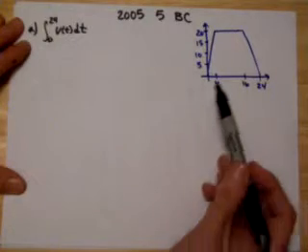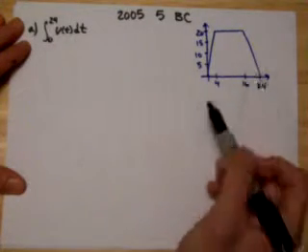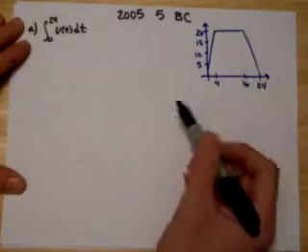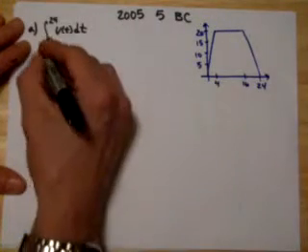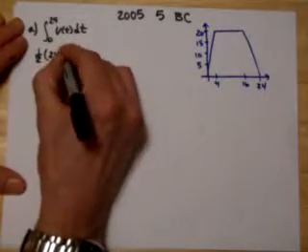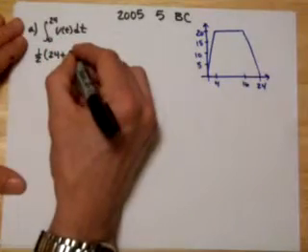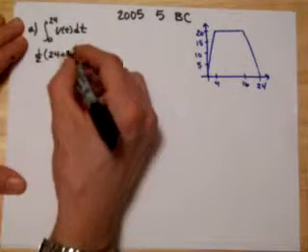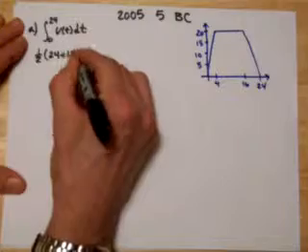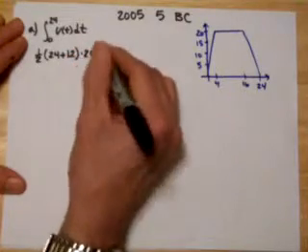And so basically we have a trapezoid with a base of 24 and another base of 12 and a height of 20. So we're going to have 1/2 times (base 1 plus base 2) times the height.